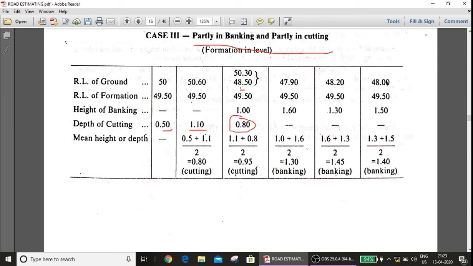Next 48.50 minus 49.50 will give a negative value, which is banking. For easy understanding I am telling you in negative and positive signs, but if you imagine the problem correctly, you will get the values correctly where we have to write either banking or cutting. Next 47.90 minus 49.50, it is banking. 1.60, we have to do banking, so here also the same, banking.